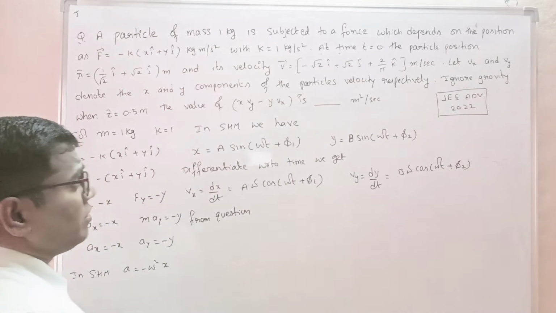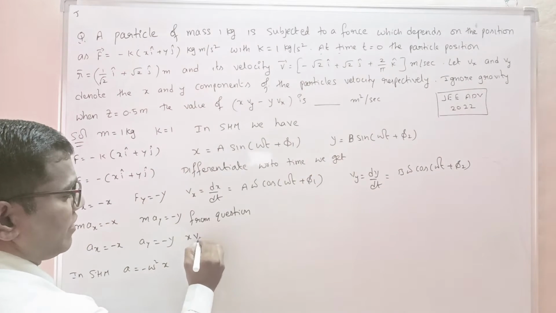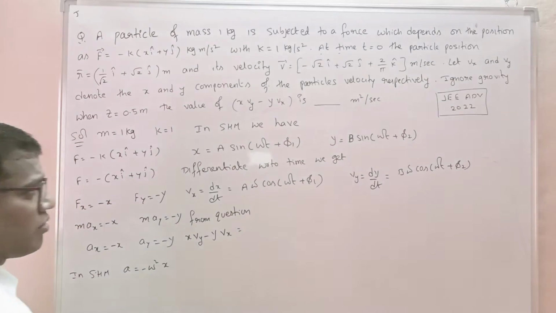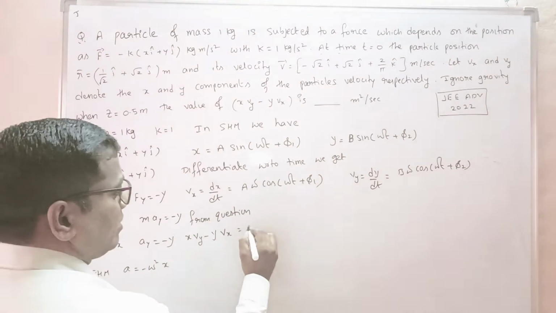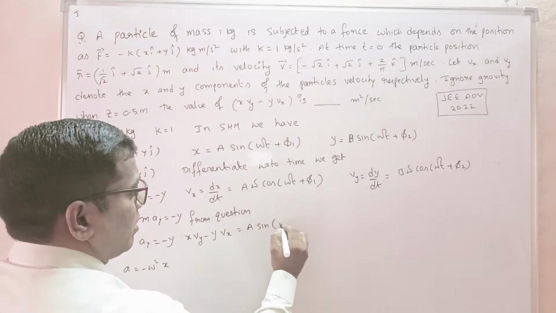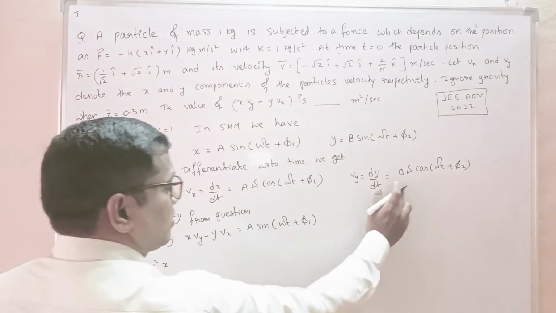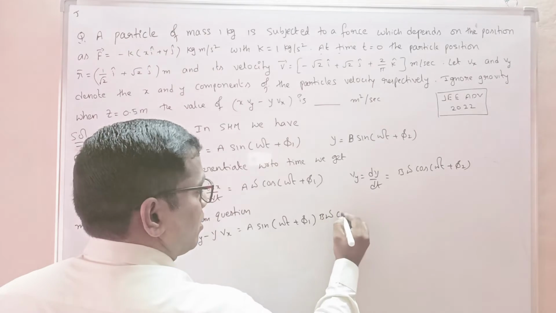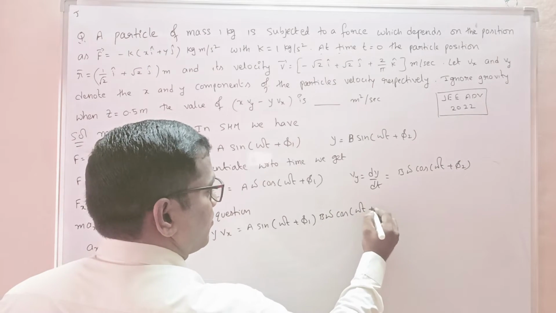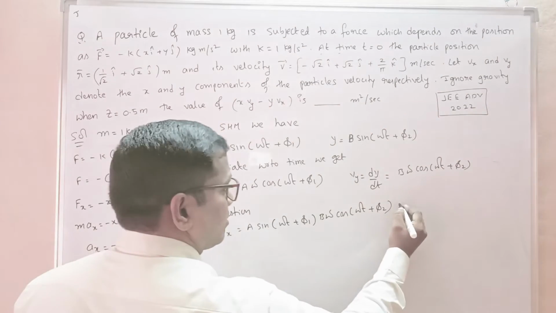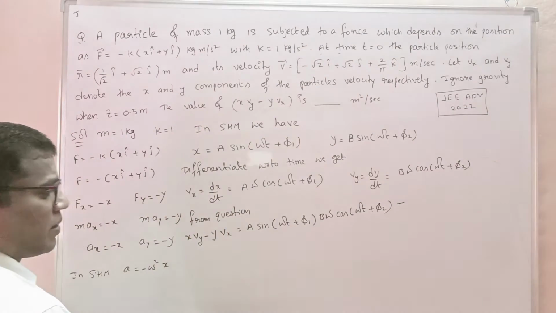We have to find x Vy - y Vx. What is x here? a sin(ωt + φ1). Vy is this one, bω cos(ωt + φ2), minus y Vx.